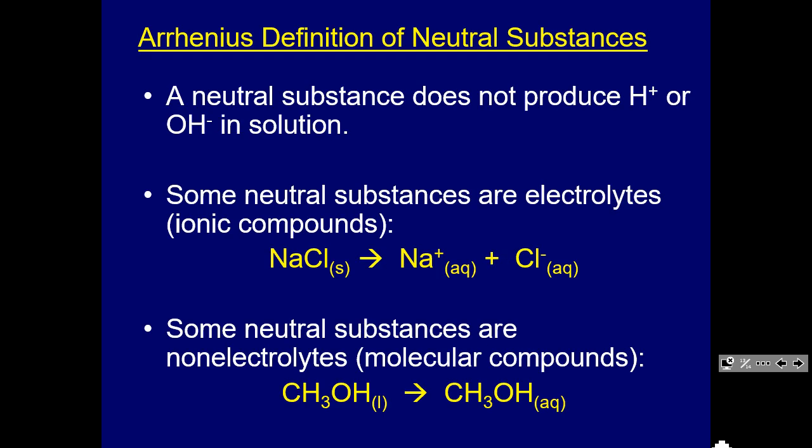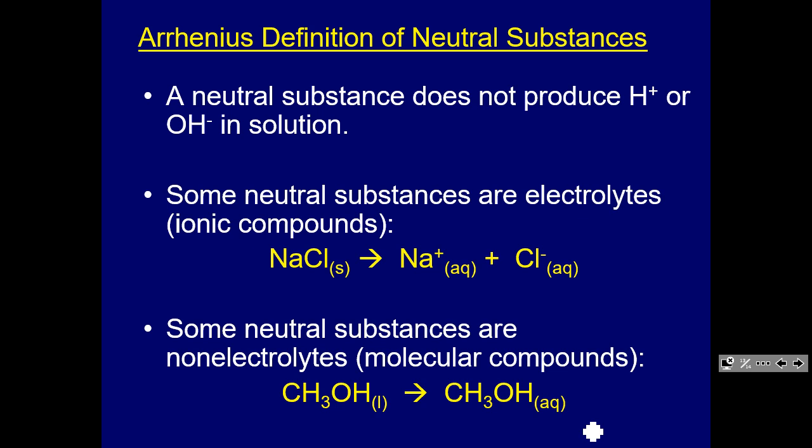Good. Just to talk finally about neutral substances. And I think that my next slide is just some homework on that. You bet. So just to talk a little bit about neutral substances. According to Arrhenius, and again, that's the name of the scientist who proposed this concept of acid and base, neutral substances will dissociate, and it doesn't produce H plus or OH minus.